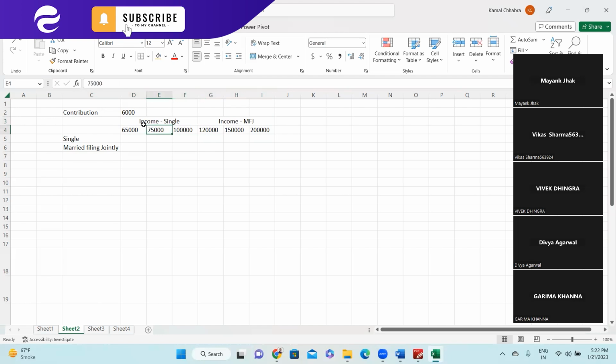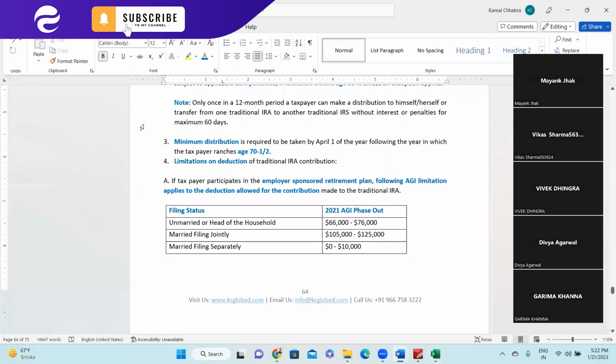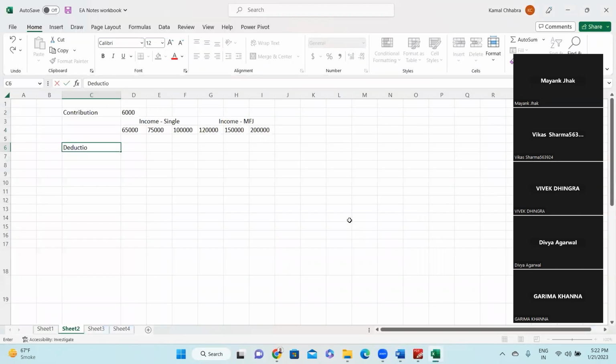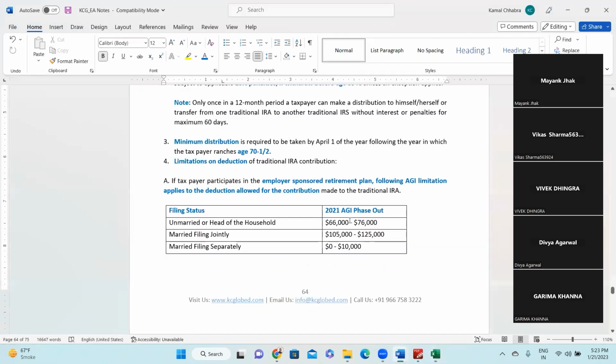Let's assume this. So now, in this case, when your earning is 66,000 or less, then you'll be getting how much deduction? 6,000 full. Right? Now, if your earning is 66,000 to 76,000, it will phase out. So it will phase out over 10,000, right?